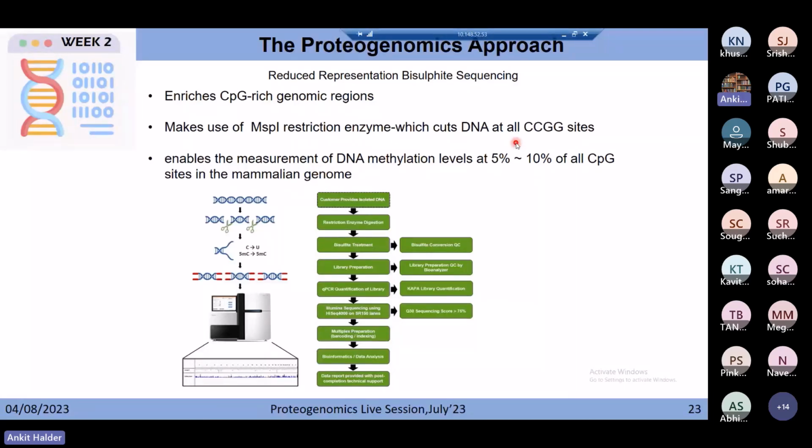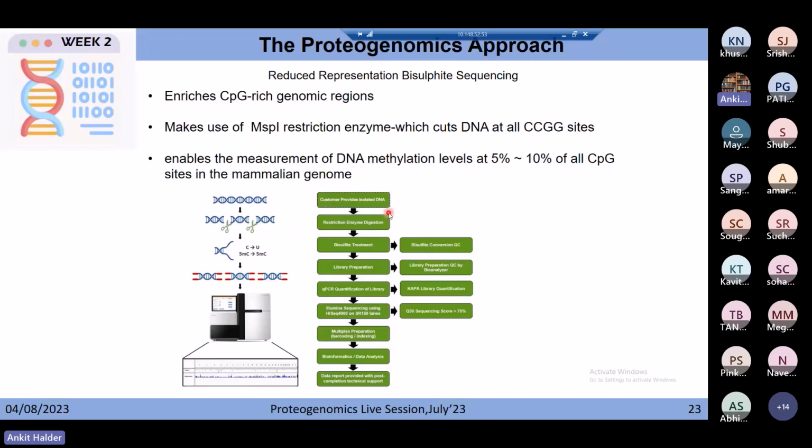This enables the measurement of DNA methylation levels at 5 to 10% of all CpG sites in the mammalian genome.